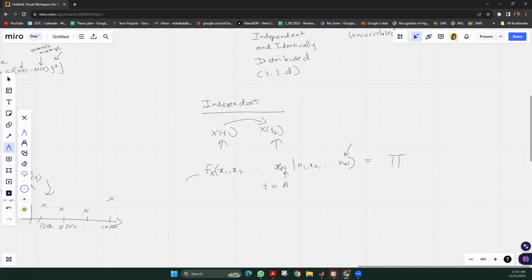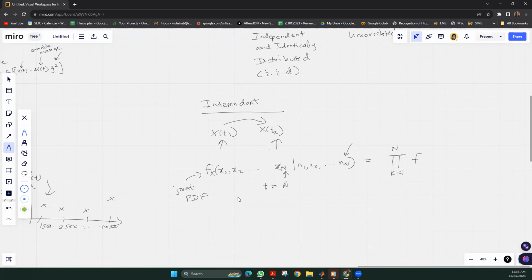Then the joint PDF function's value we can take as the product of that random variable's probability density function individually.